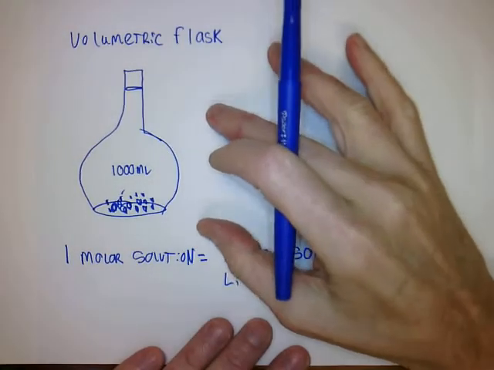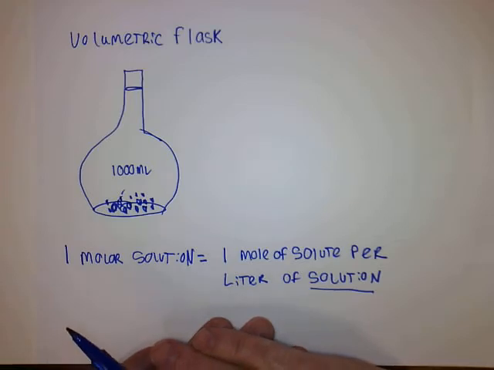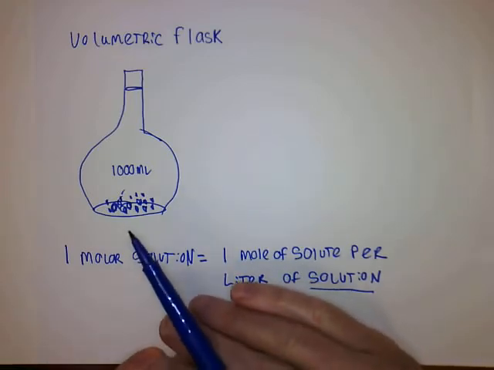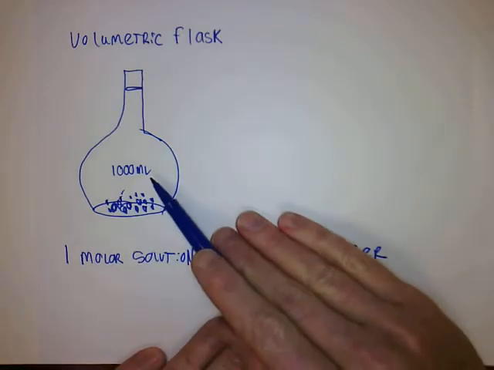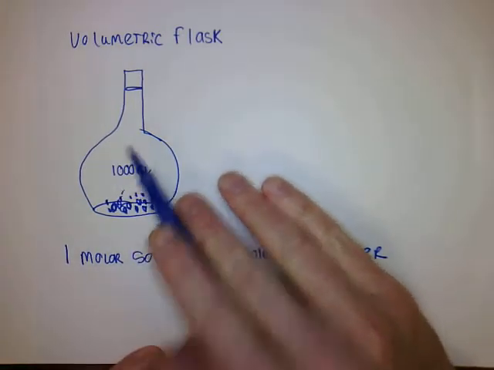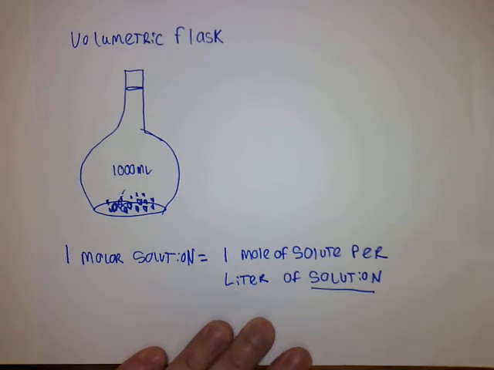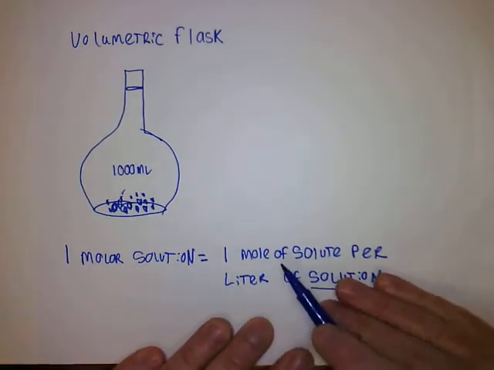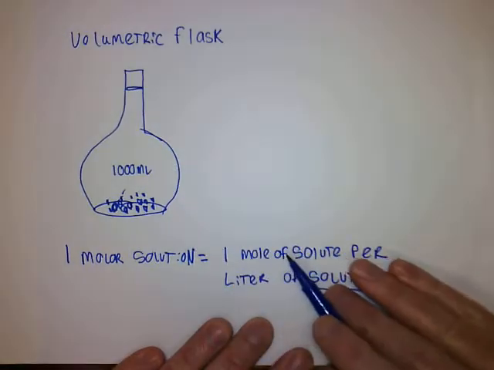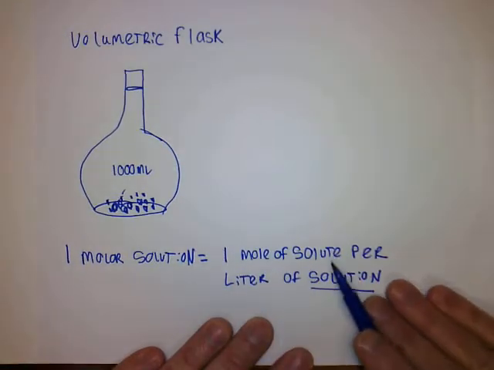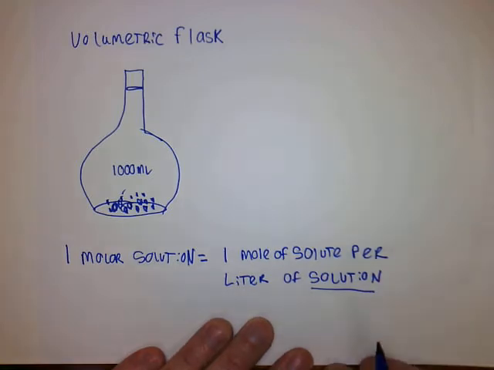This is because you don't know the mole ratio or the mass ratio between solvent and solute, because we didn't keep track of how much water we added. The only thing that we know here is the ratio between moles of solute and volume of solution. That's the only thing we know.